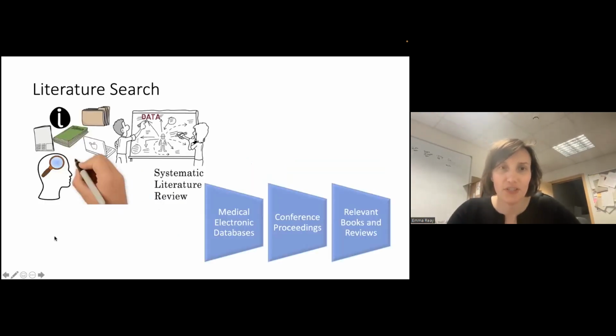Now, the literature search itself is quite a complex undertaking. There are lots of different places that the data can be found: medical electronic databases, conference proceedings, relevant books and reviews. And what you want to make sure is that you actually are systematic, so you don't miss a body of literature that could affect your results.